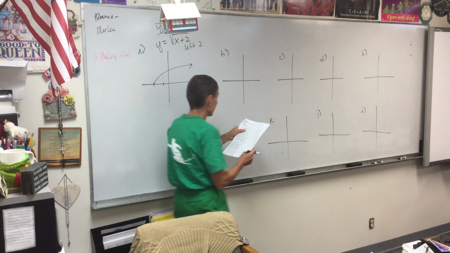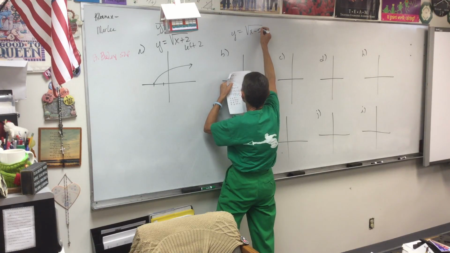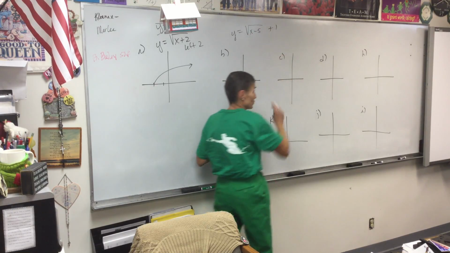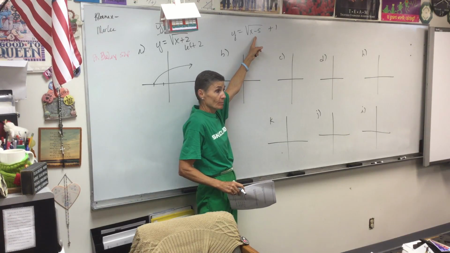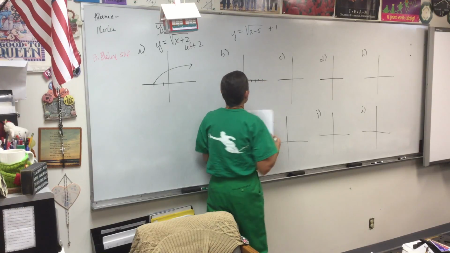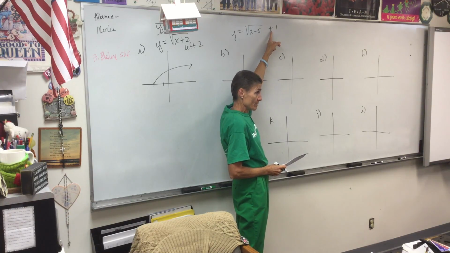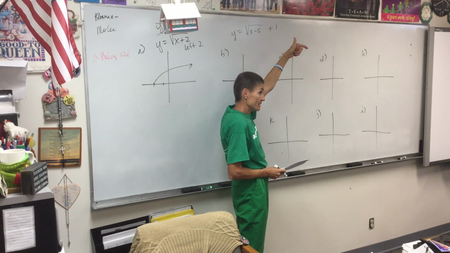Now look at B. Now we've got something hooked to the x, but an extra number too. So what's that going to do? To the right side. Right 5. But now, what's that going to do? That's going to go up 1.